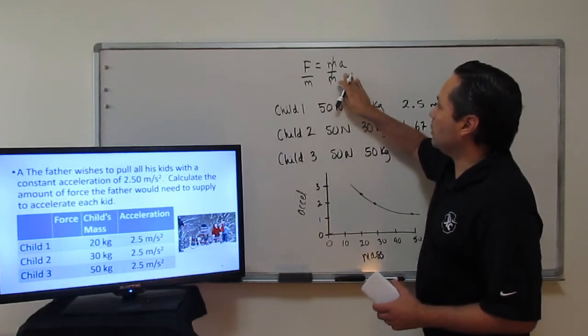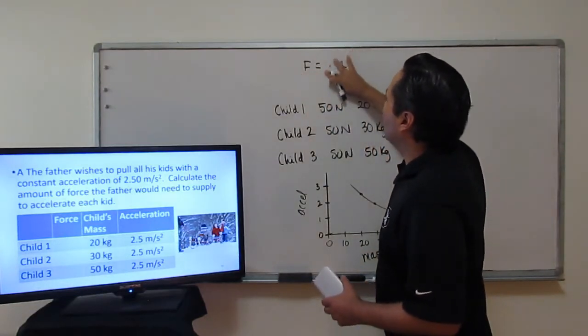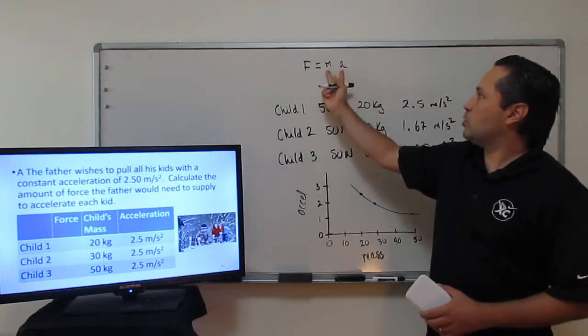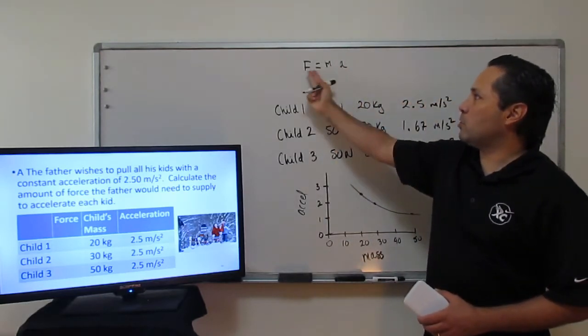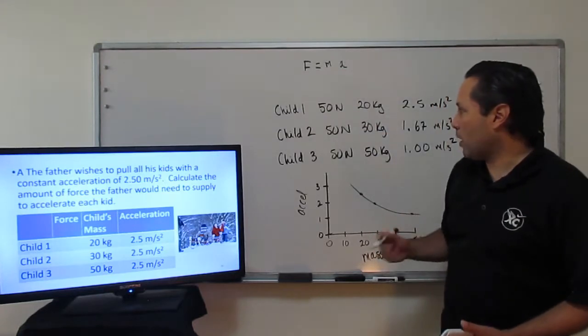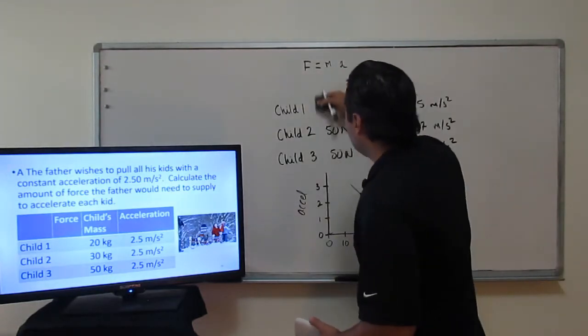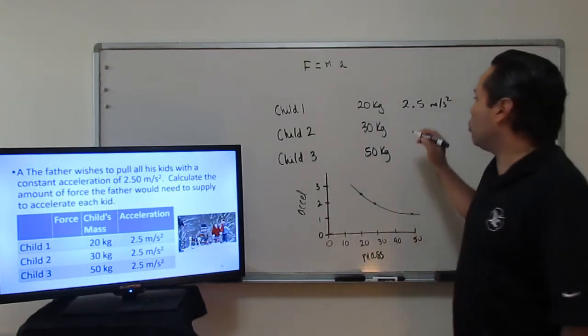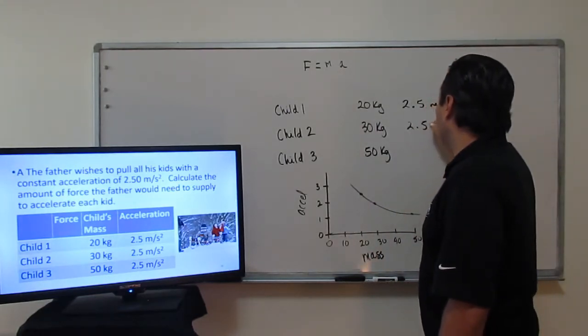Let's take a look at this formula again, and this time we just need to multiply the mass times the acceleration to figure out how much force the father needs to apply to get the same acceleration. They want the acceleration to be 2.5 for each of the children.